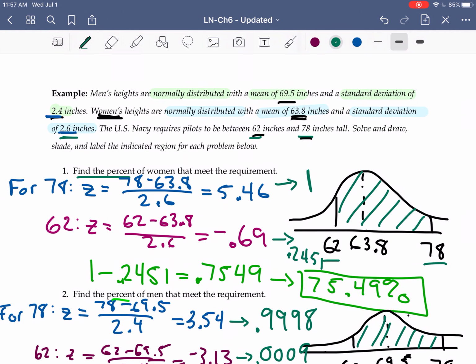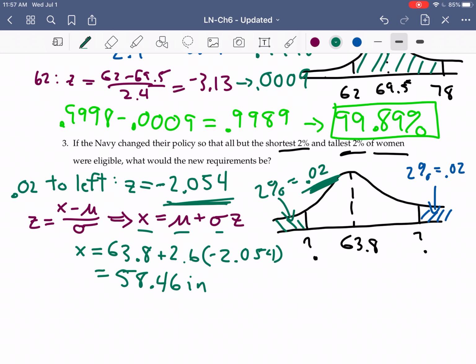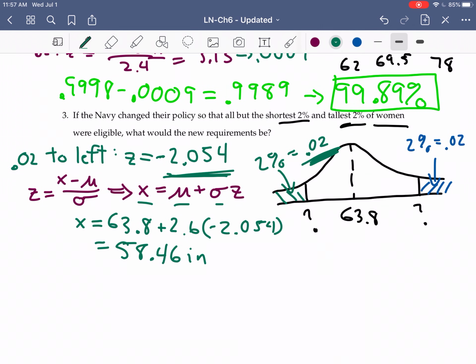If we do that, 63.8 plus 2.6 times negative 2.054, we find the height requirement here would be 58.46 inches. That would be the height requirement on the lower end.